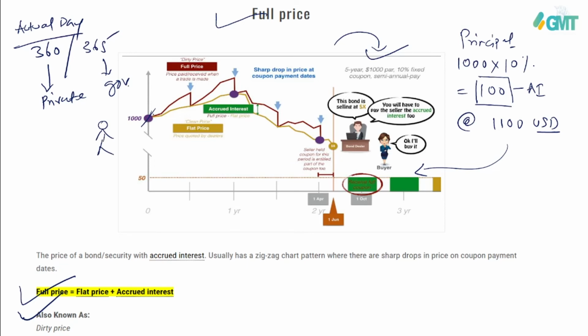Then you're holding this bond, and every day the bond is getting accrued interest, and here let's say your accrued interest amount has reached 50 USD. Why? Because you have served 180 days.